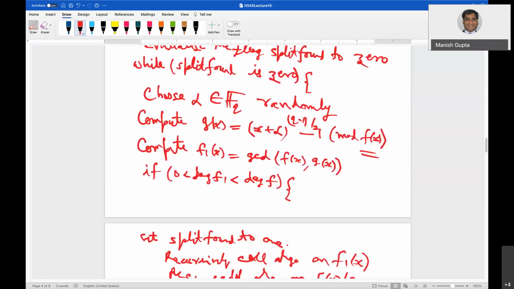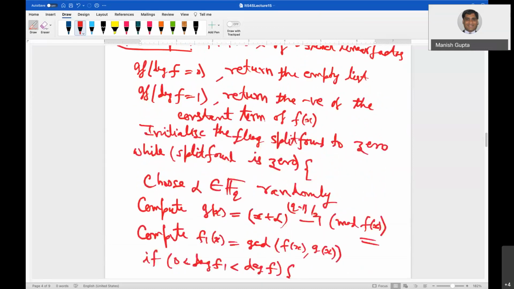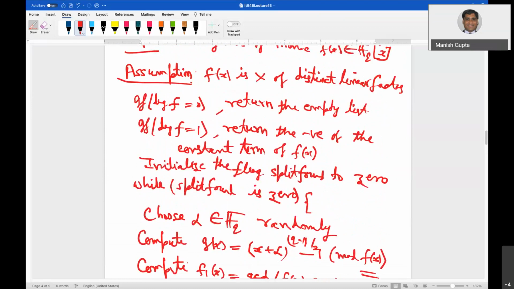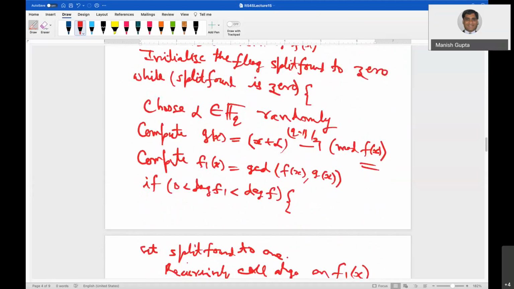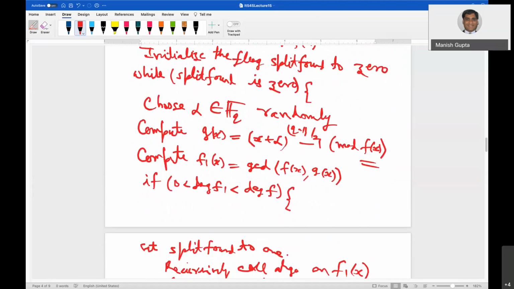Okay, so again I will just look at the algorithm. If the degree of f is 0 or 1, it's this standard thing that we need to do: either return the empty list or return the negative of the constant term. Initialize the flag split found to 0. While split found is 0, choose alpha randomly. Compute g of x equal to (x plus alpha) raised to power (q minus 1) by 2, minus 1, modulo f of x.